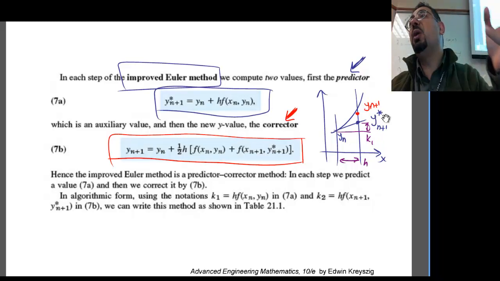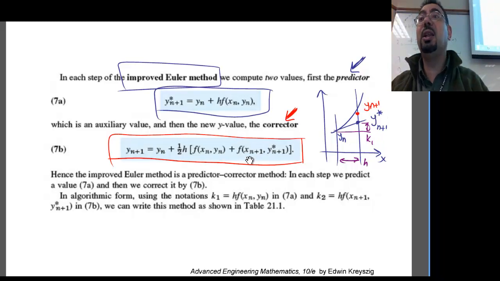Once you get your y star, and it's not the final thing, you go again and say, now if you really want to get yn plus 1, it should be yn plus half h times the average, or the summation, of the slope initially and the slope using that new point, xn plus 1 and yn plus 1 star.